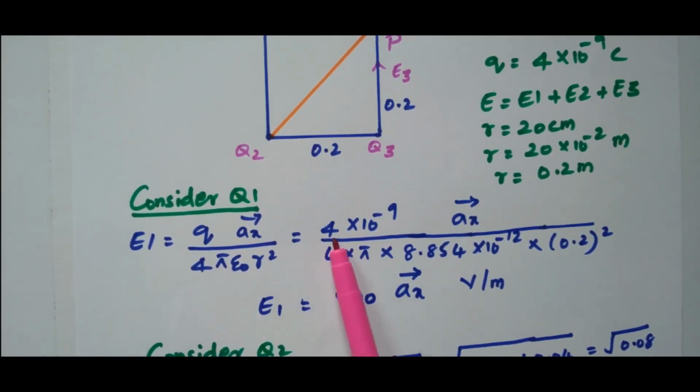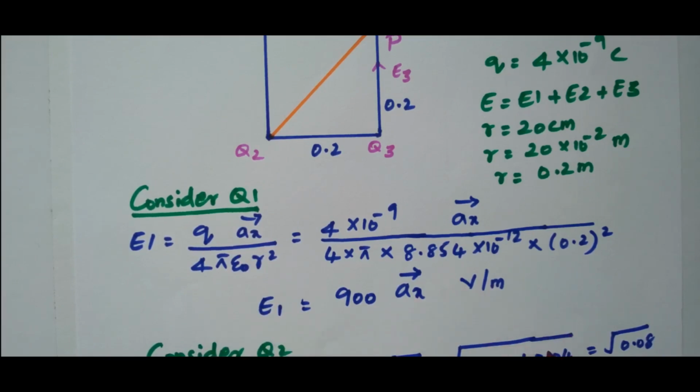Q is 4 into 10 to the power minus 9, divided by 4 into pi into epsilon naught, 8.854 into 10 to the power minus 12. We consider air medium, so epsilon R equal to 1. And R value is 0.2, so 0.2 square. So what we got, E1 equal to 900 AX volt per meter. While considering Q1, the E1 value will be 900, only one component.